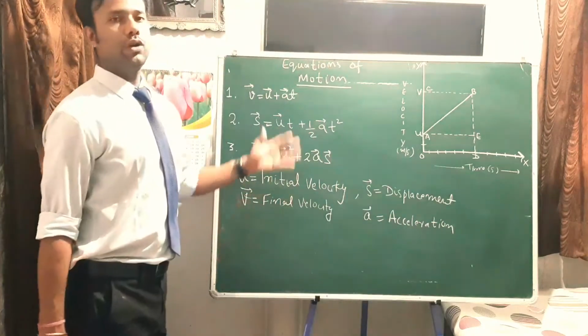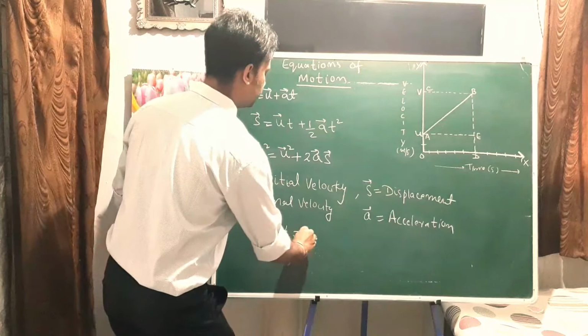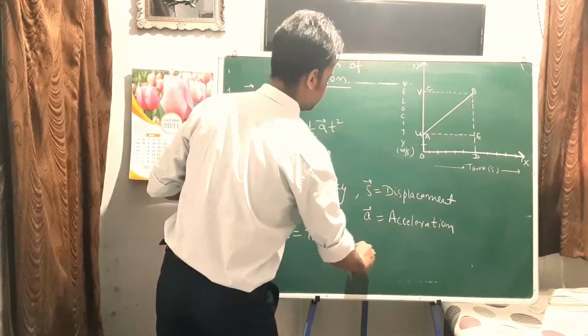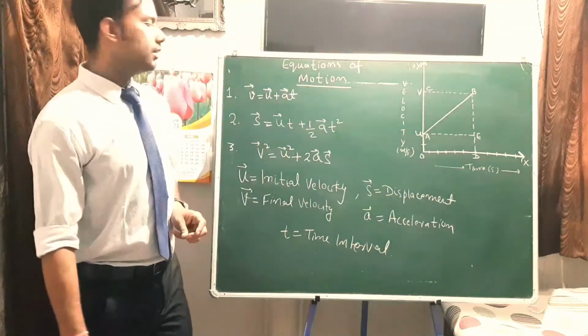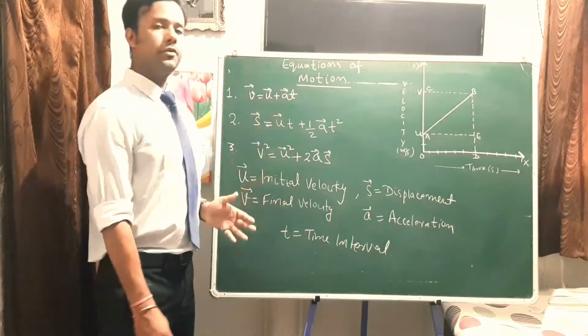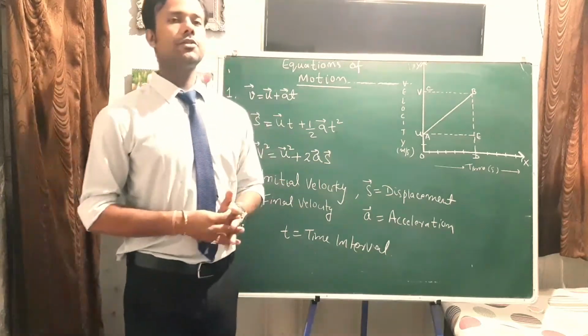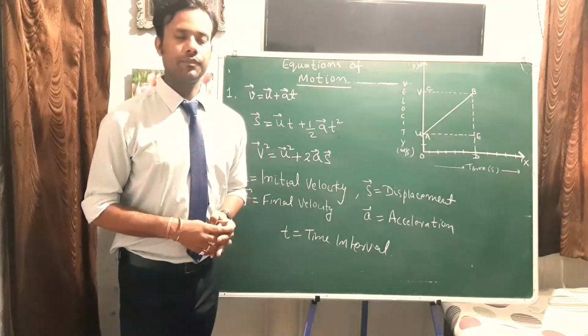And you all know what t is here. t is basically time interval. So these are the letters in these equations: u is initial velocity, v final velocity, s displacement, a acceleration and t time interval.